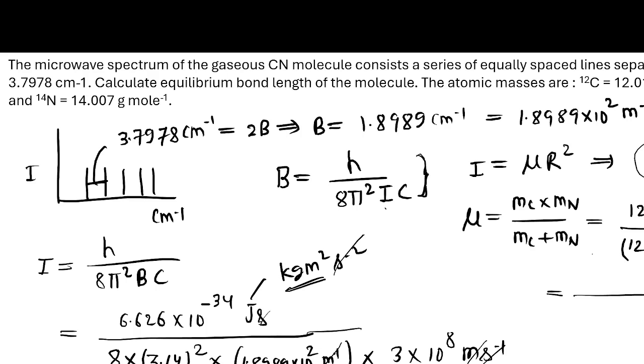12.011 times 14.007 divided by 26.018 gram per mole. We have to divide by Avogadro number because we need the reduced mass for a single molecule, not for one mole.